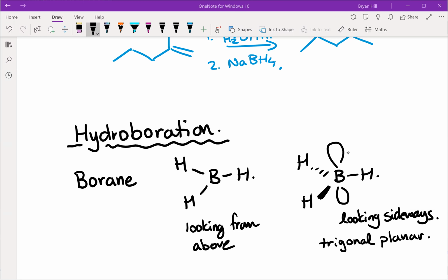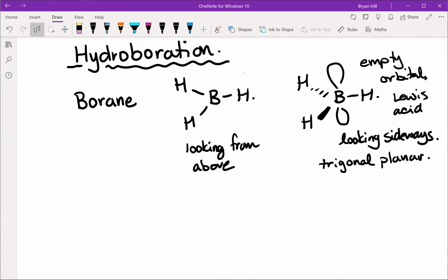Right, it's a Lewis acid. So it's got this empty orbital. So therefore it's a Lewis acid. And which means that the double bond is going to attack it, which is what we want to see.